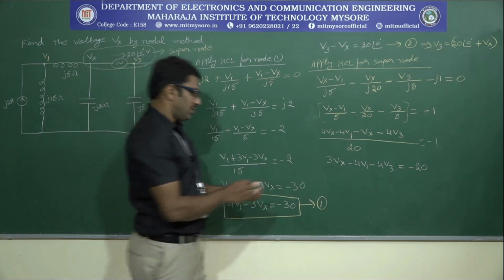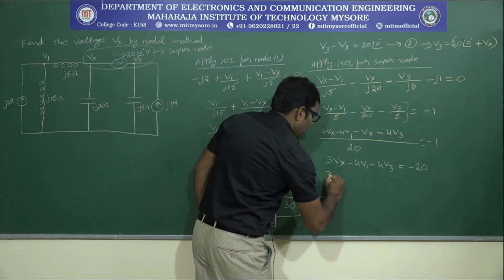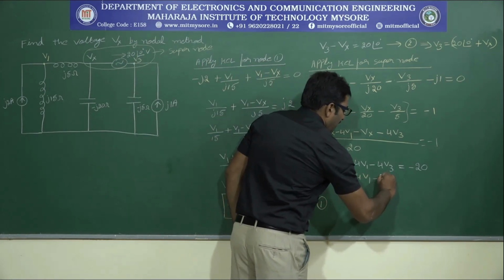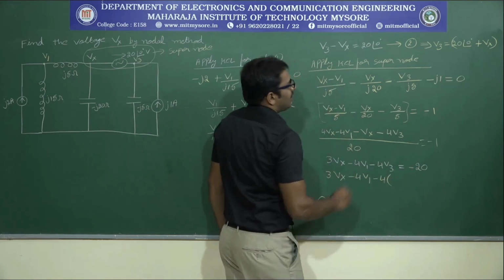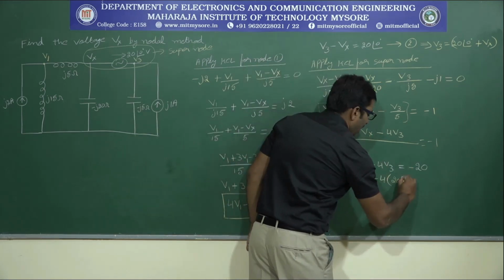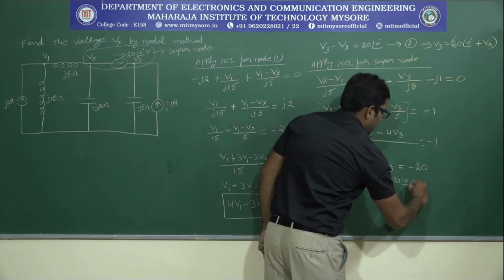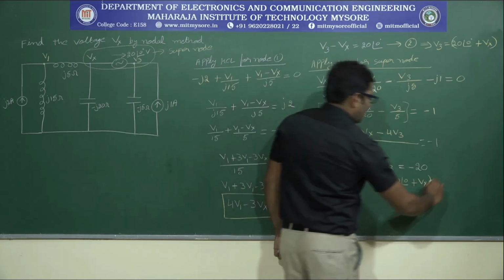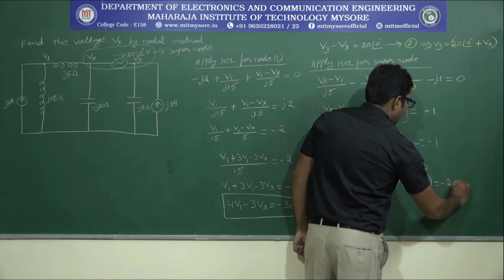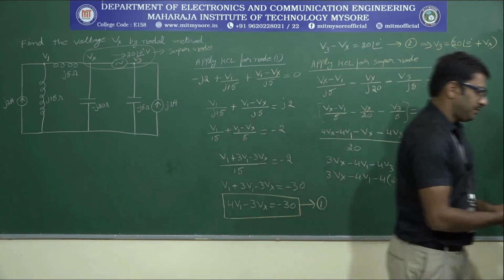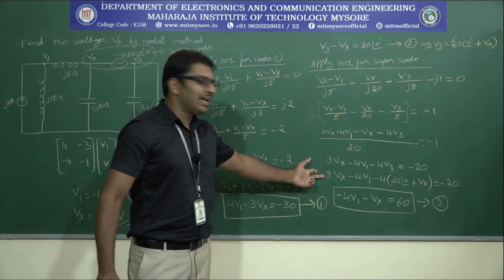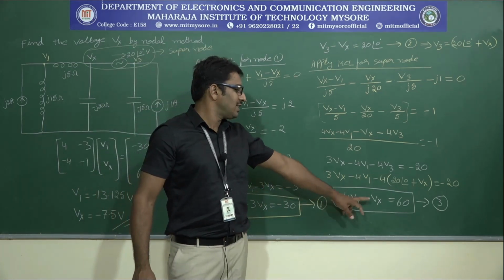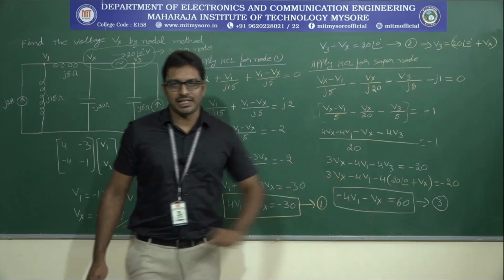So just substitute: 3Vx minus 4V1 minus 4 into V3, which is 20 at an angle 0 plus Vx, is equal to minus 20. After simplifying this equation, you will get minus 4V1 minus Vx is equal to 60.